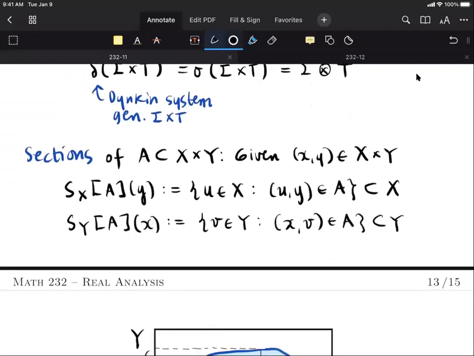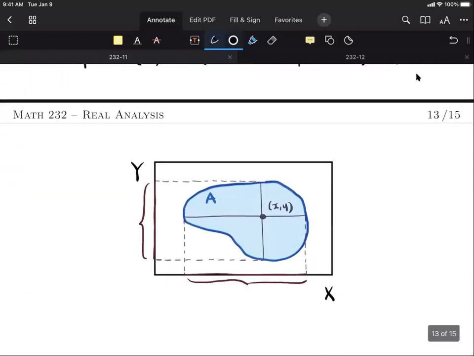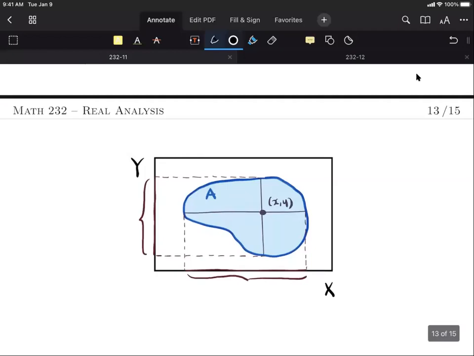So to have a geometric interpretation of this, you consider X as your horizontal axis and Y as your vertical axis. The Cartesian product would be this rectangle. And let us take a subset A of the Cartesian product, highlighted here in blue.